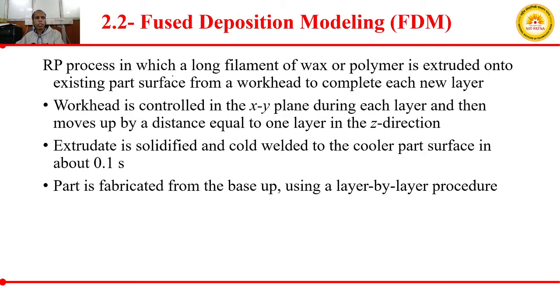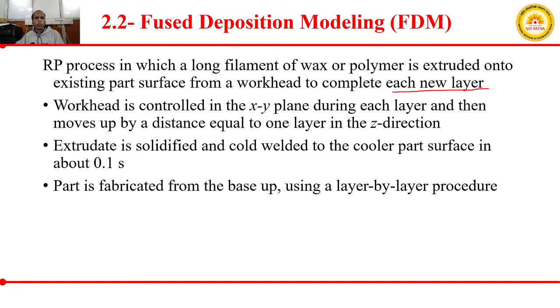Then we have the next type of RP technology, which is called fused deposition modeling. So under fused deposition modeling, we have a long filament of wax or polymer or wire, which is extruded onto an existing part surface from a work head to complete each new layer.